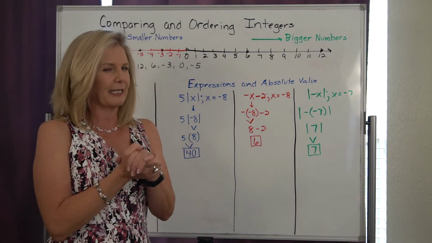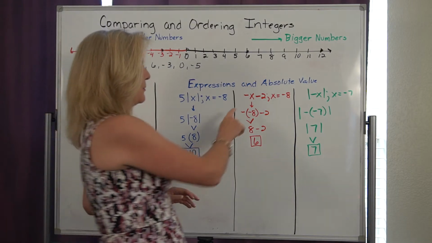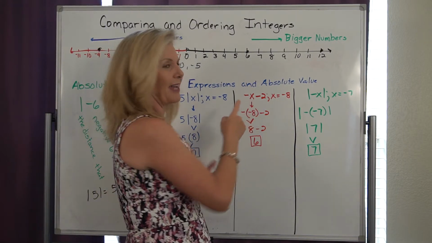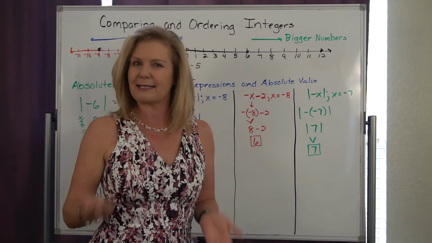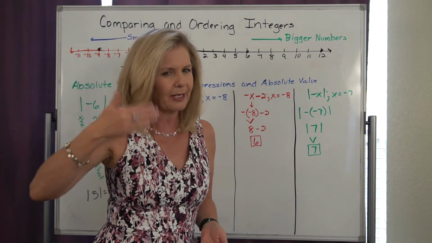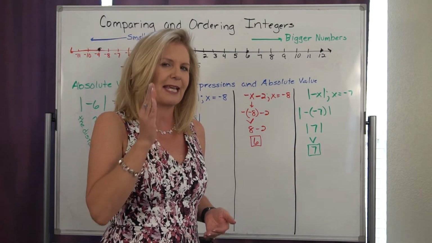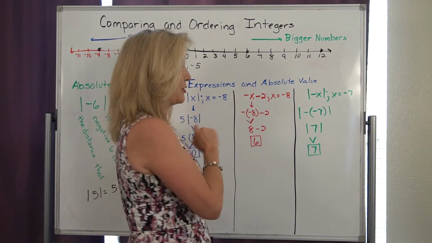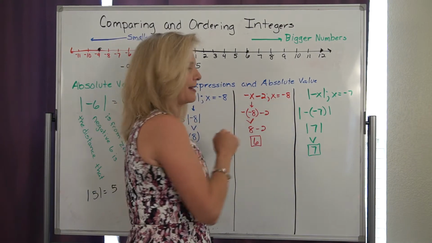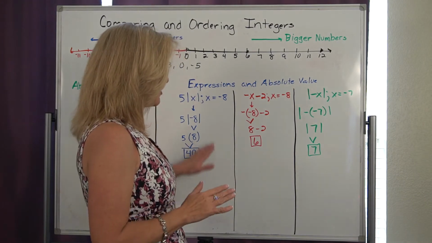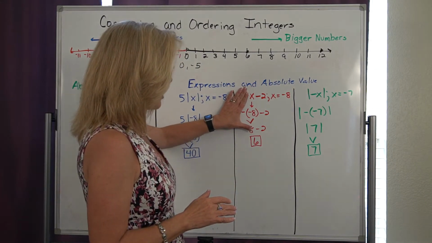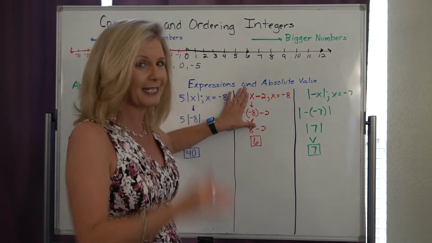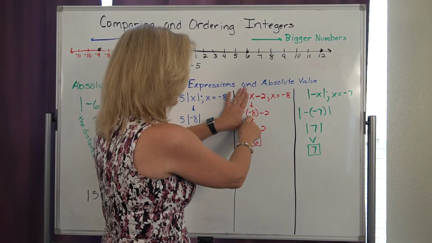All right, let's get a little bit more complicated. What if I have the opposite of X? And notice I said the opposite instead of negative X because I really want you to think about that concept that negative means opposite. So the opposite of X minus 2, where X is negative 8. Well, the key here is first I have to cover that opposite symbol, and I just need to substitute in my negative 8.